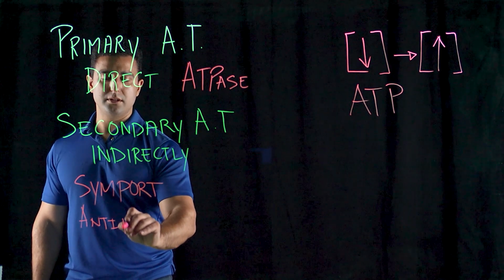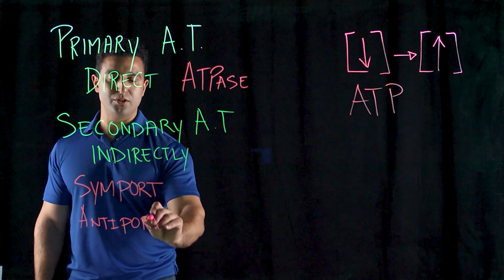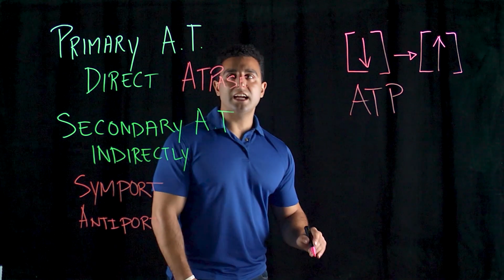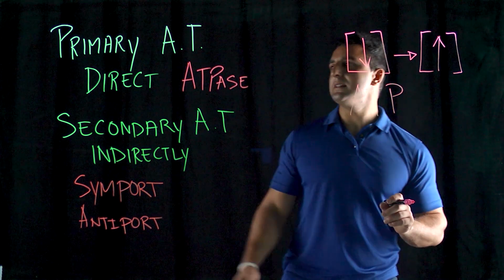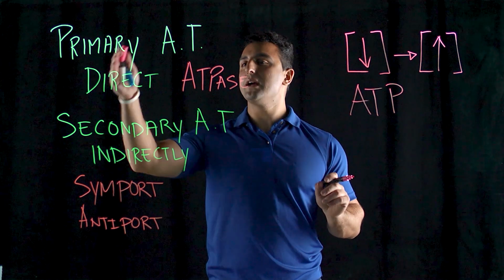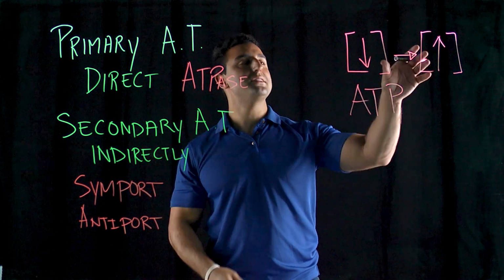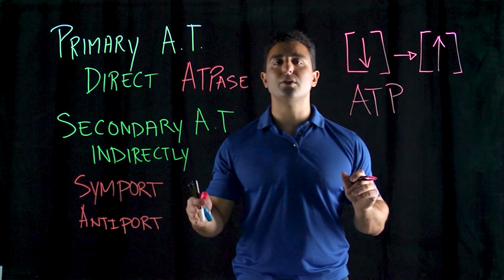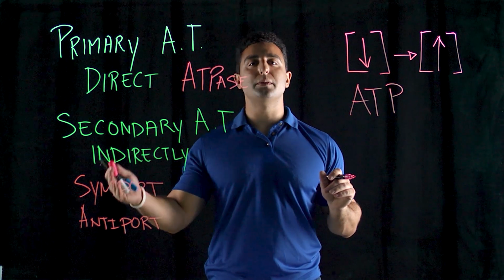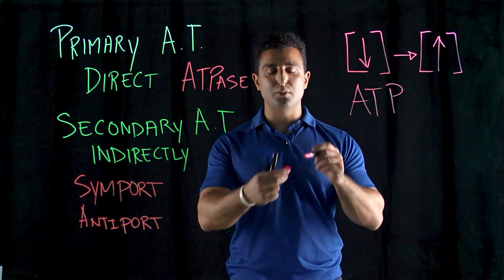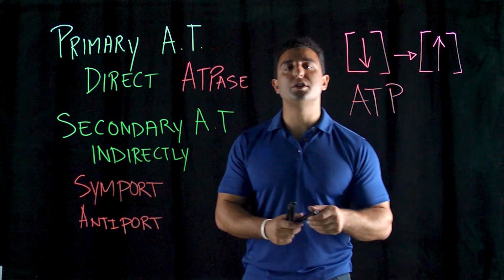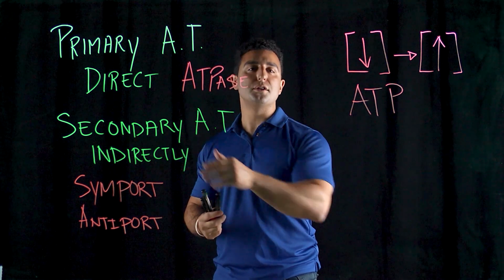What does anti mean? It means opposite, so there's a sort of exchange here. Again, remember the two main differences. Primary active transport directly uses ATP going against the gradient, whereas secondary active transport is indirectly related to ATP. Rather, it's more related to the concentration gradient of the other solute.